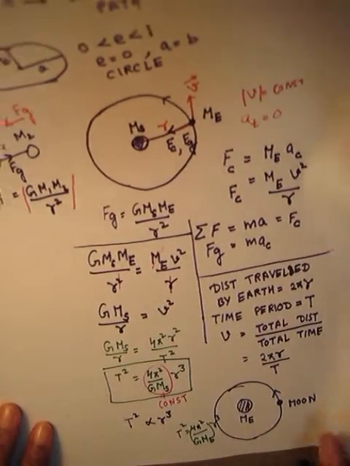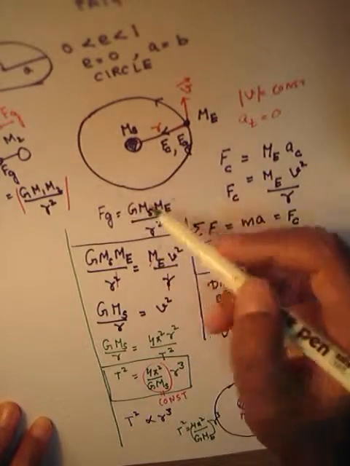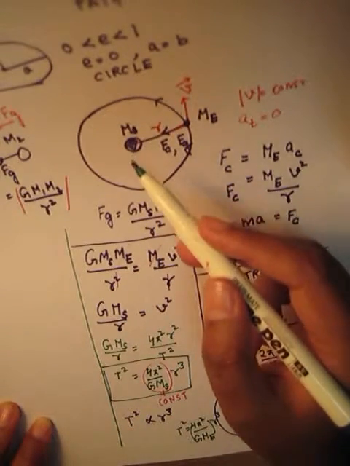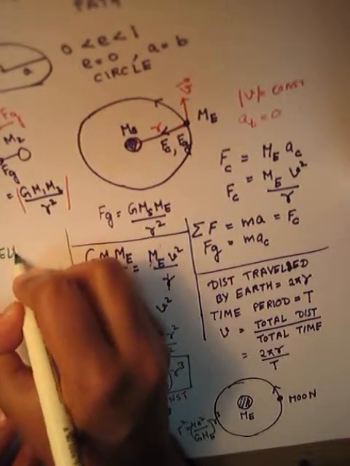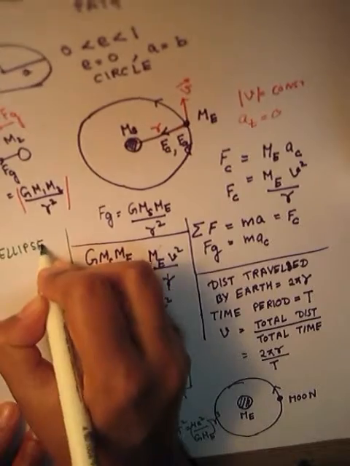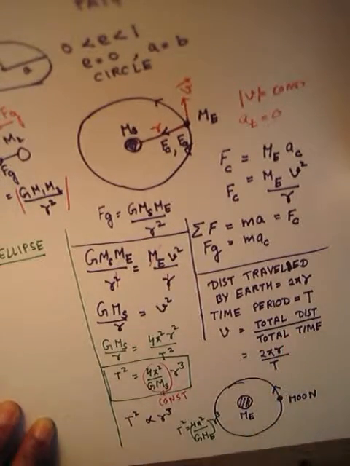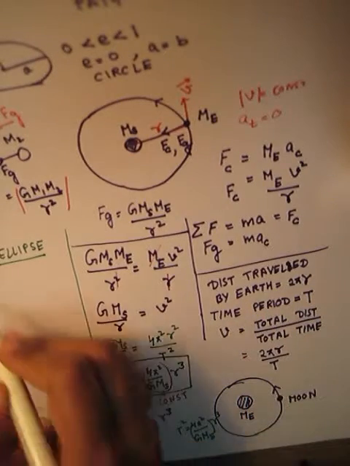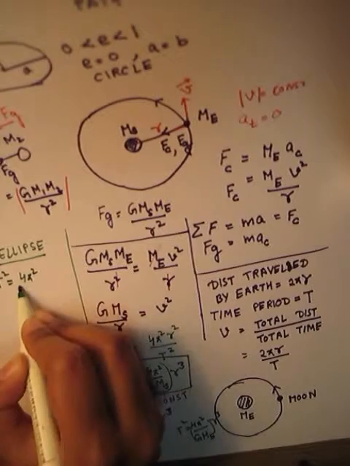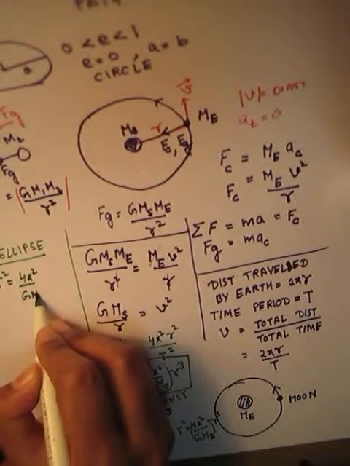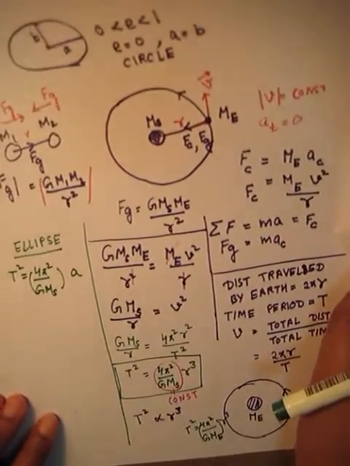Also, if in a certain situation the path is not a circle but an ellipse, the path traveled by the planet or the satellite is an ellipse, then instead of using r, we replace it by semi-major axis, small a.